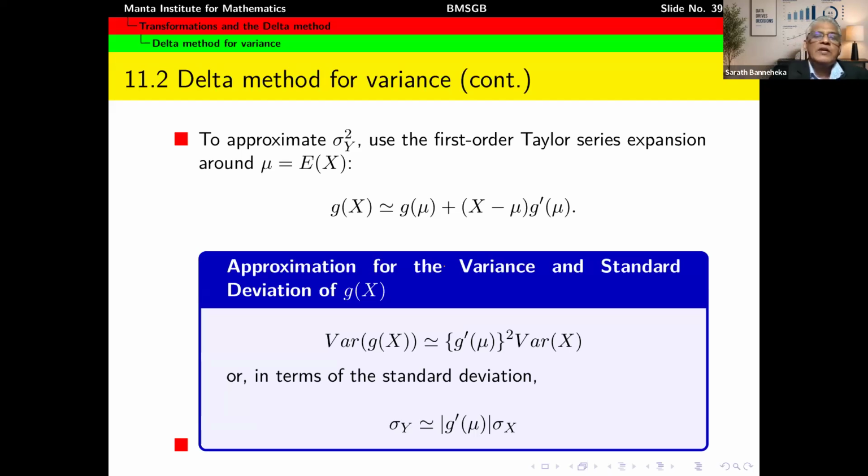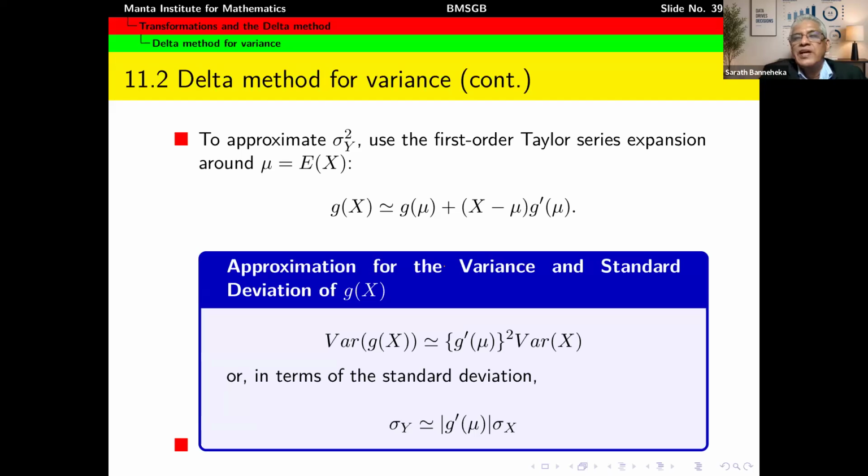Right. Now, what I want is the variance of this g(x). Variance of this side will be equal to the variance of this side. But notice that g(mu) is a constant and g'(mu) is also a constant here. The only random variable here is x minus mu. So the variance of this whole thing is like the variance of a constant plus another constant times a random variable.